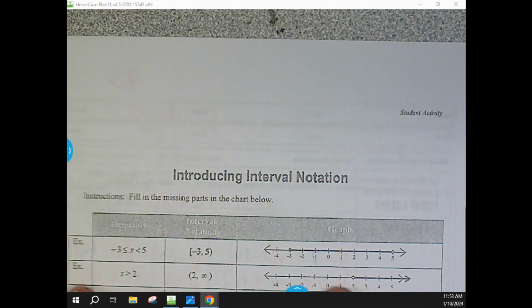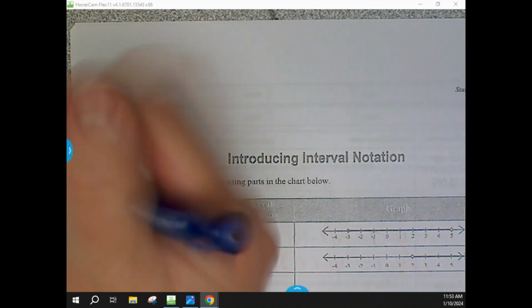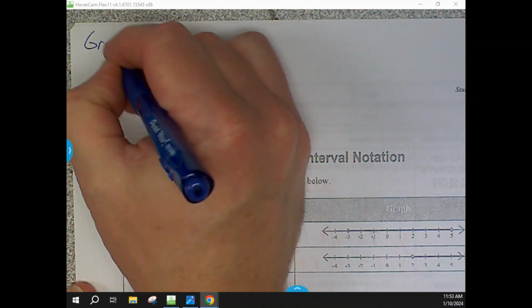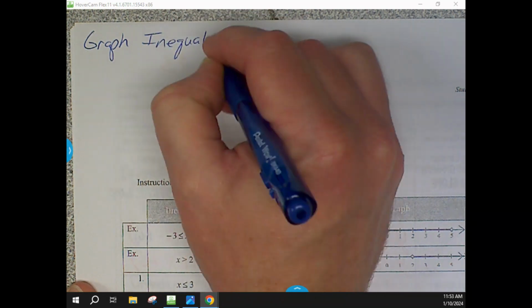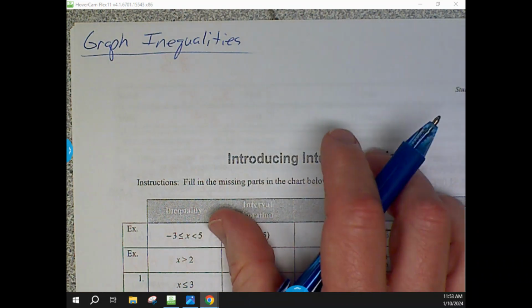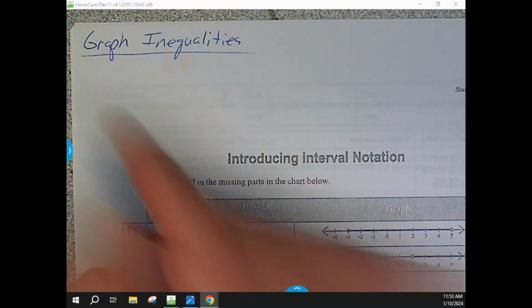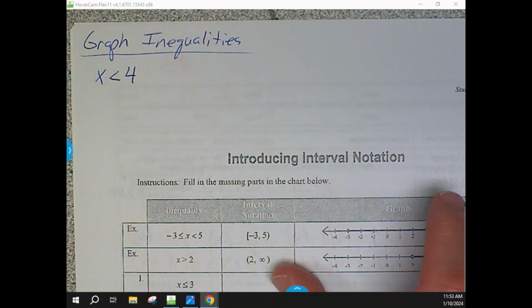We're going to back up here for just a second. Make sure everybody's good when we're graphing inequalities. All right, does everybody remember how to graph x is less than 4?